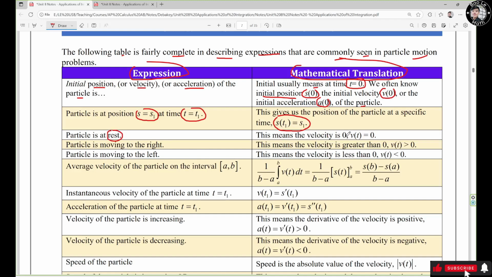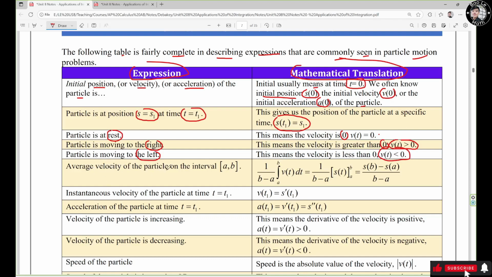This means velocity is 0, v of t equals 0. Now, particle is moving to the right. This means velocity is greater than 0, v of t is greater than 0. Particle moving to the left is opposite to the above: v of t is less than 0.